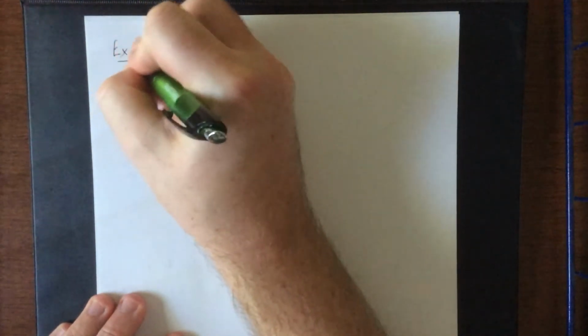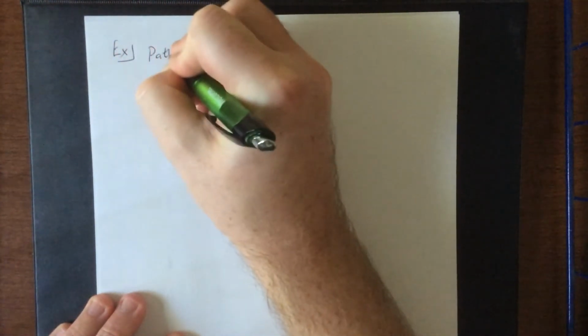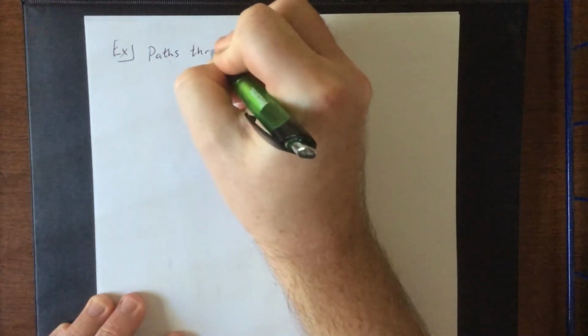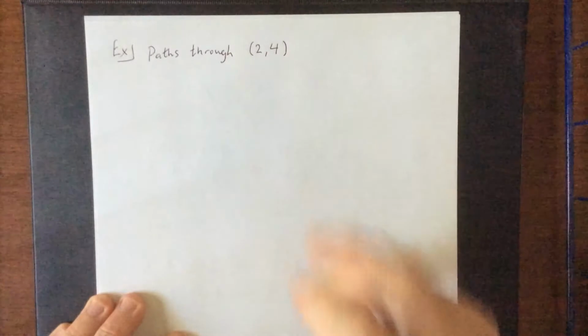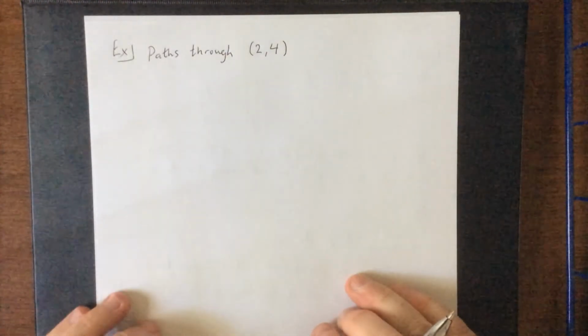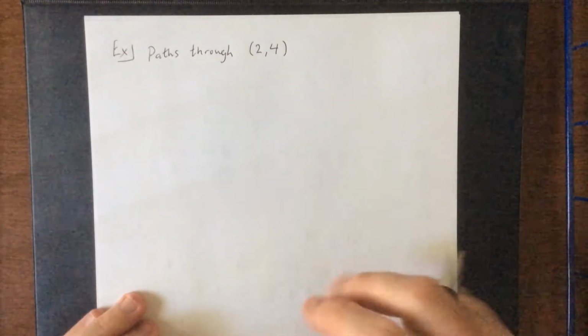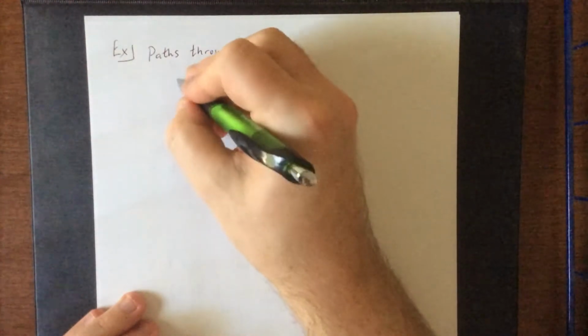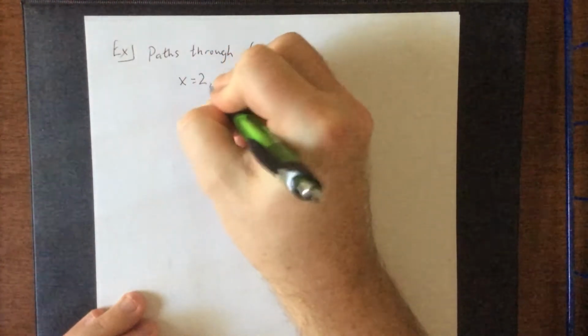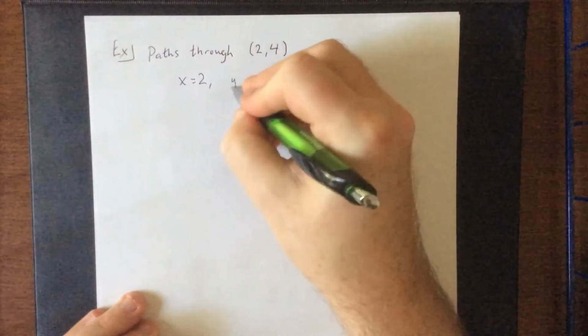So for an example of paths, if I wanted to consider paths through the ordered pair 2,4, for example, there are a couple pretty straightforward ones, like we could pass through on a vertical line. We could pass through on a horizontal line.